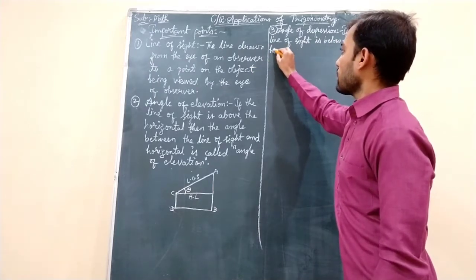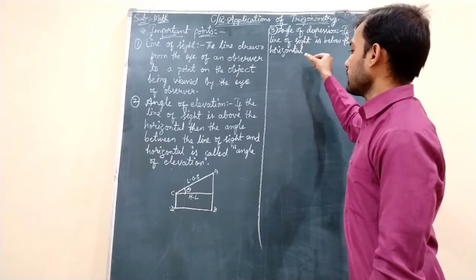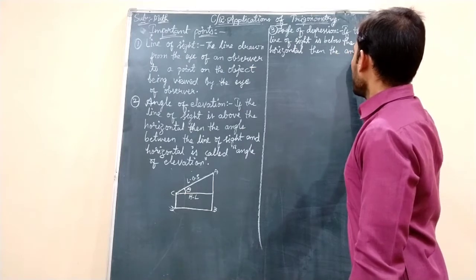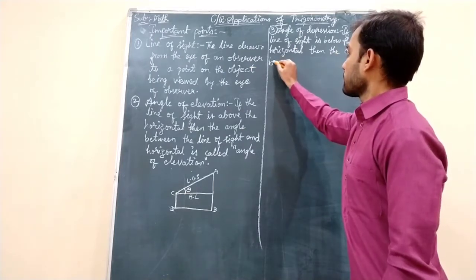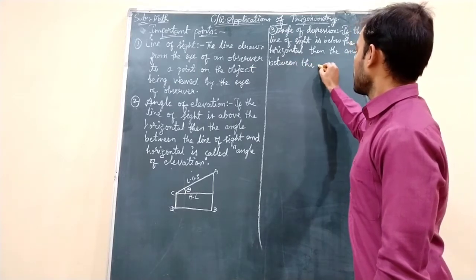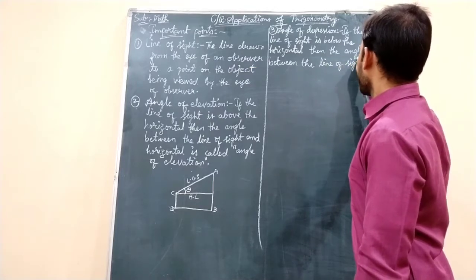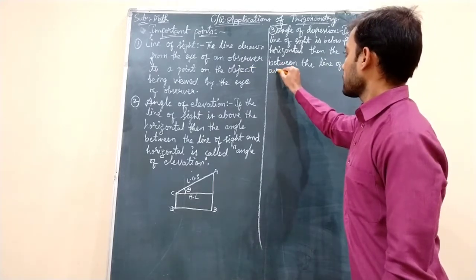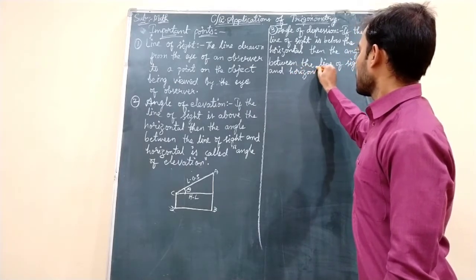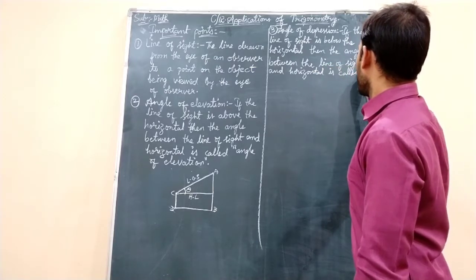There we took above the horizontal. Here, if the line of sight is below the horizontal, then the angle between the line of sight and the horizontal is called what?